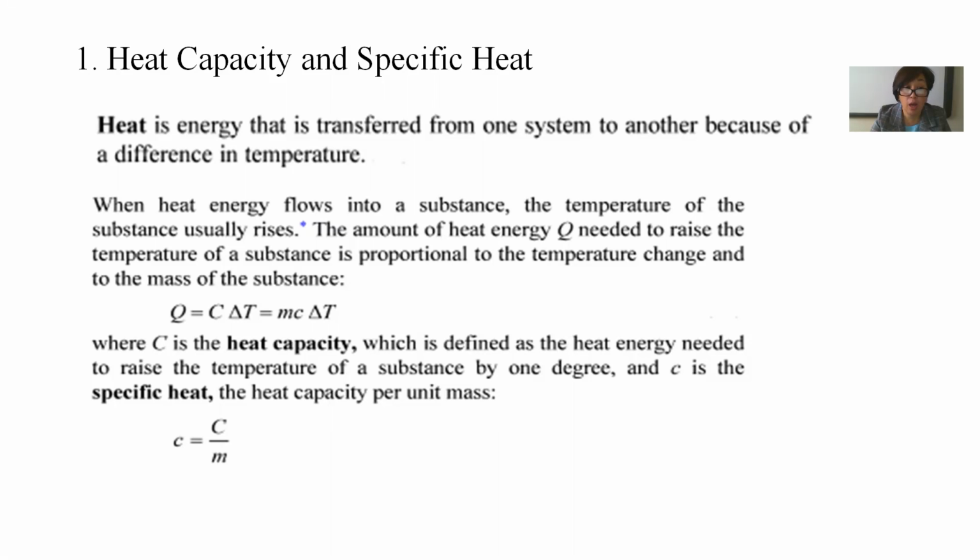And here the formula of the heat: heat equals the heat capacity multiplied by the temperature change. The heat capacity, large C, equals small c multiplied by mass. Small c is the specific heat.